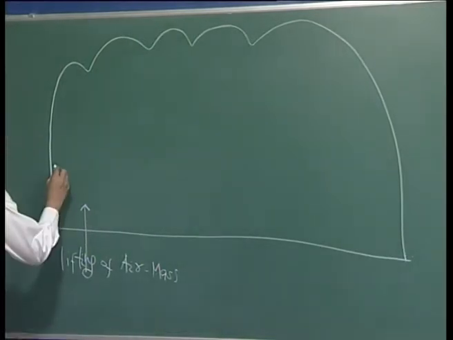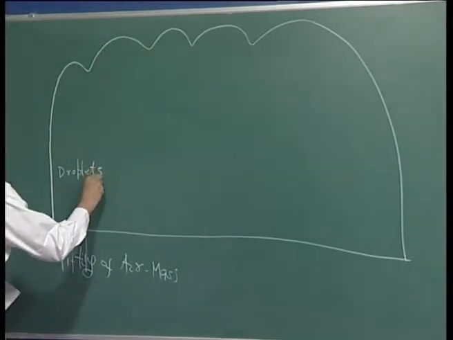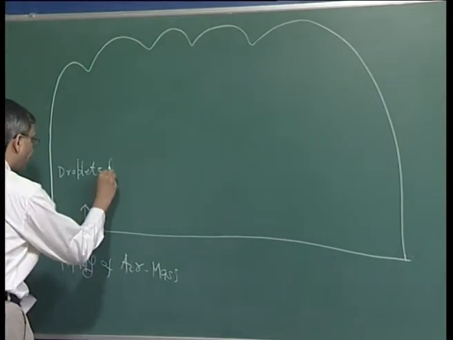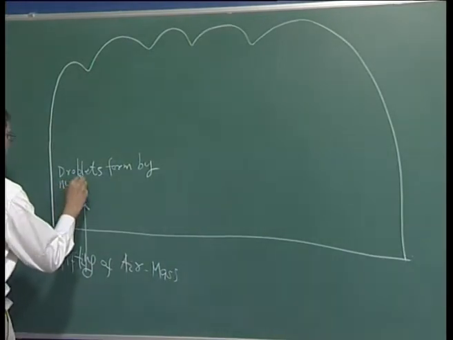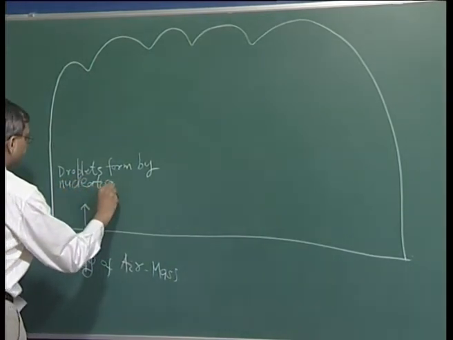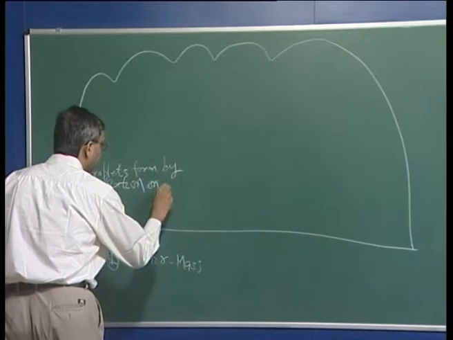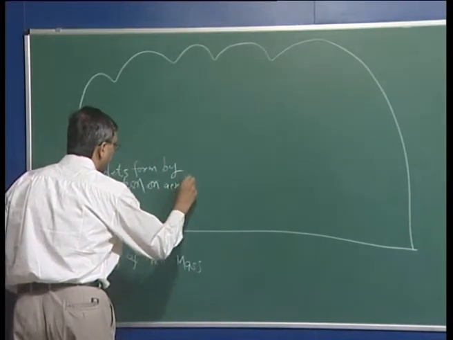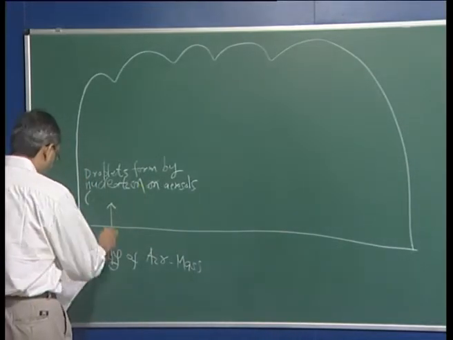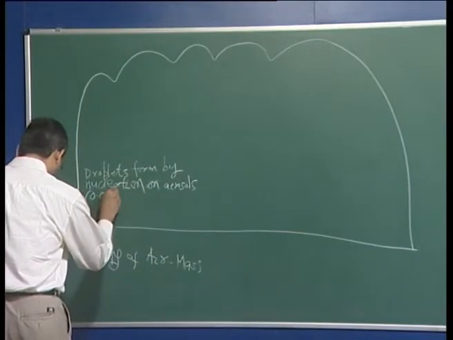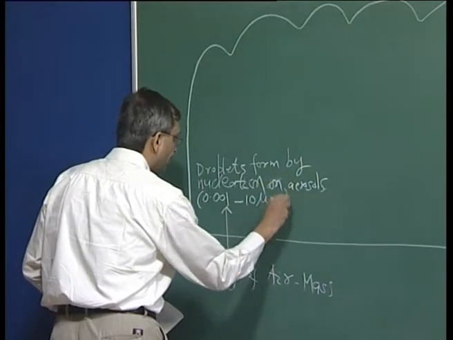If we look at the mechanism, how it gets started is, the droplets form by nucleation on aerosols or nucleating agents, which are of the order of 0.001 to 10 micrometers.